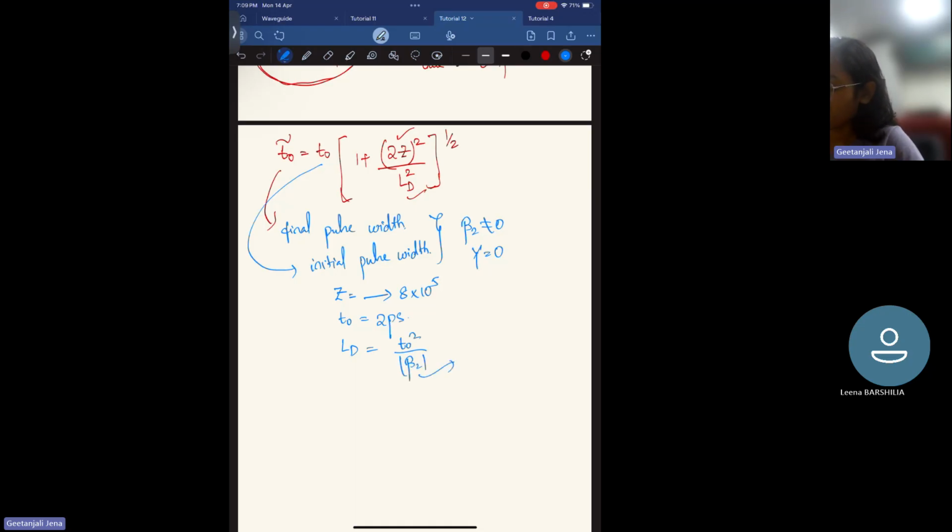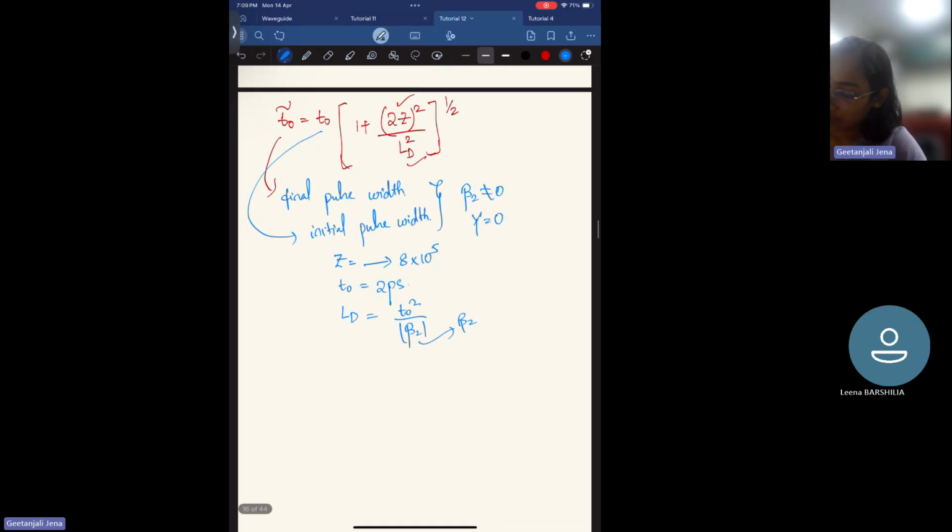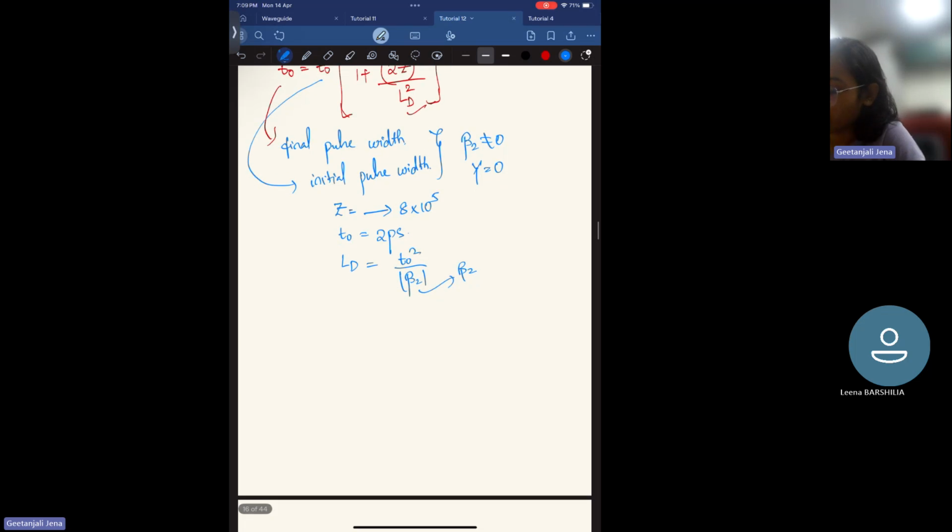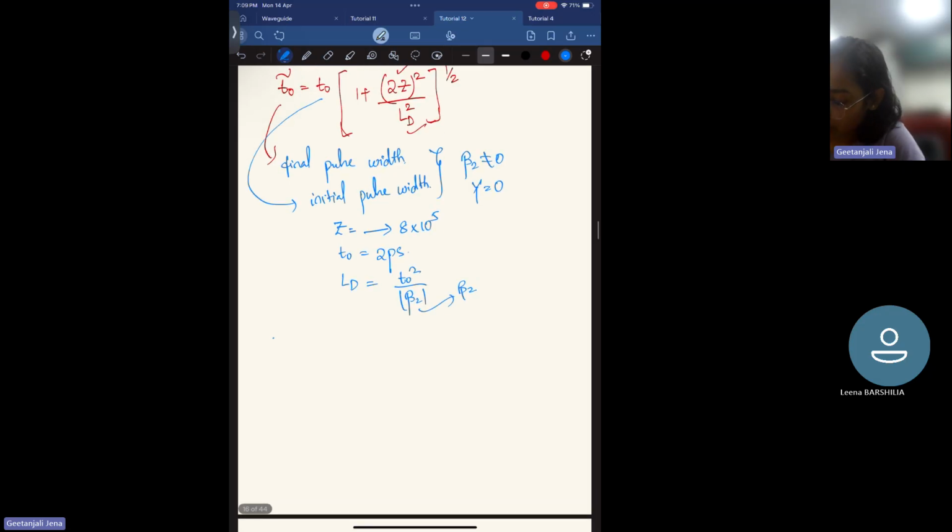That means we need to find beta 2 first so that we can calculate LD. From the first part, we have seen the value of the material dispersion coefficient, that is DM. This we have already calculated.